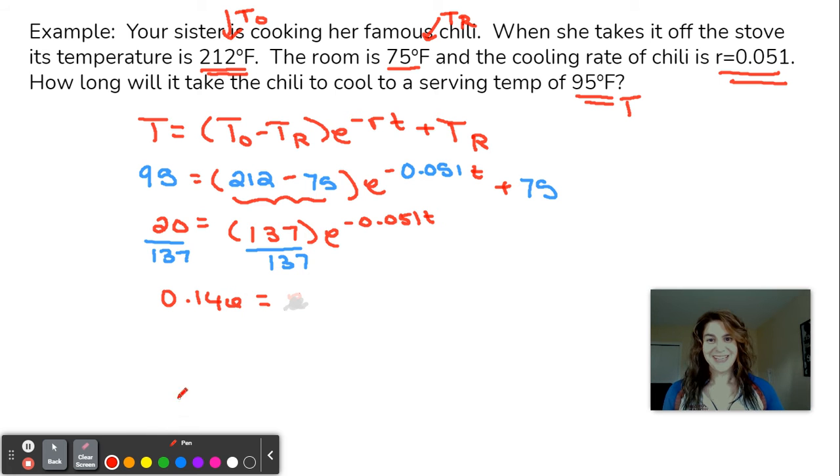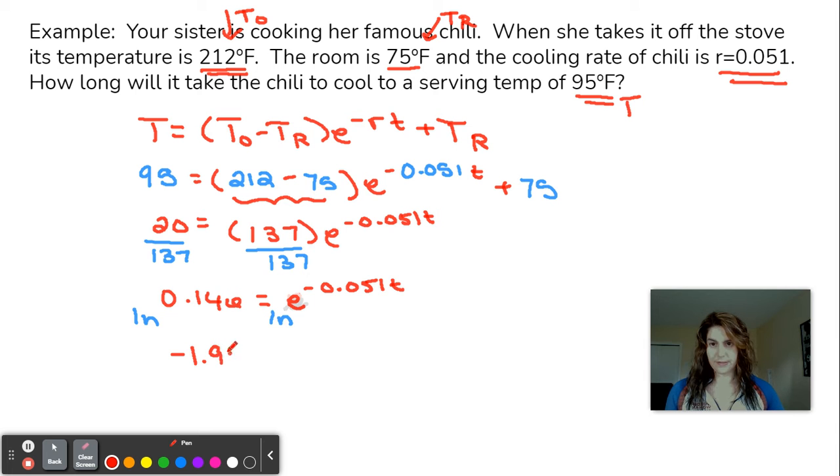All right, sorry. So I did need the E. Okay, so E and then my power. All right, so now we want to get rid of the E, so we're going to take the ln of both sides. All right, put that in a calculator.